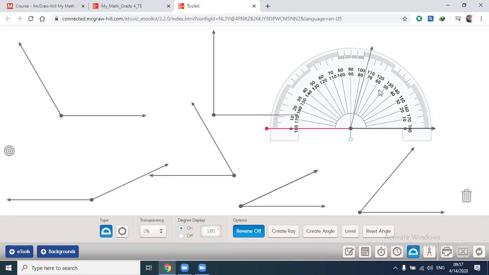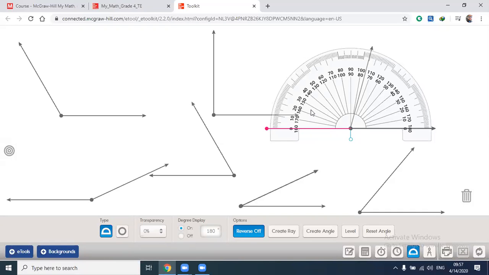Count from 0 to reach the other ray: 0, 10, 20, 30, 40, 50, 60, 70, or between 70 and 80. As you see here, this dash means 75, at the middle. Between each ten, we have a dash. So the measure of this angle would be 75.